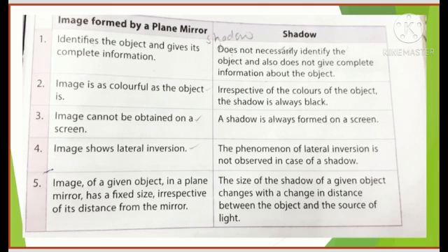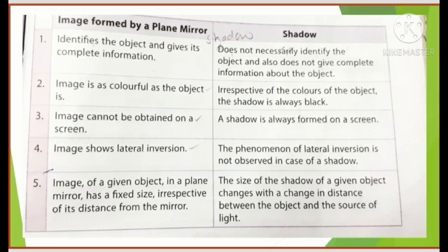First of all, I am going to explain to you. If you are standing before a mirror and your friend is watching you in the image of you in the plane mirror, will he be able to identify you? Yes, he will, because the image of you gives complete information about you to the observer.